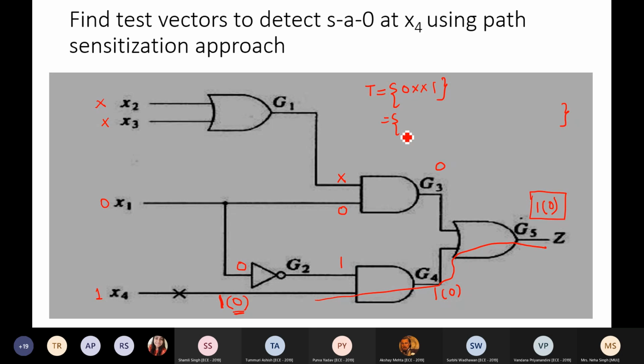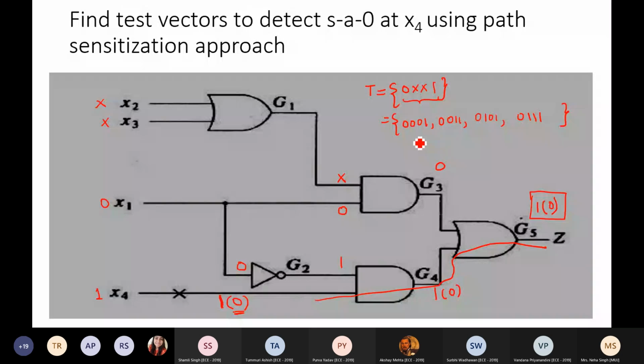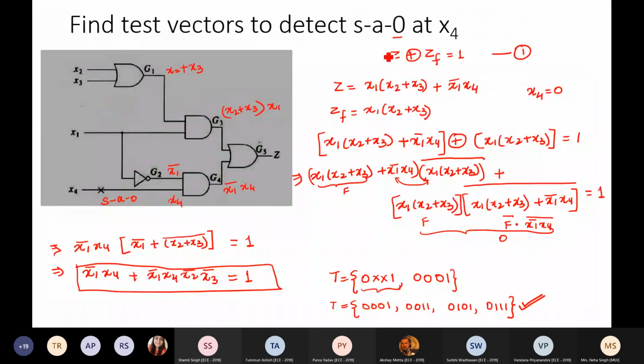So if I expand this and take all the possible cases, this will be given as 0001, 0011, 0101, and 0111. This is same as the previous case: 0001, or simply 0xx1. Here also I am getting 0xx1. So you can use either approach, the path sensitization approach, or the approach which uses the XOR to find the test pattern.